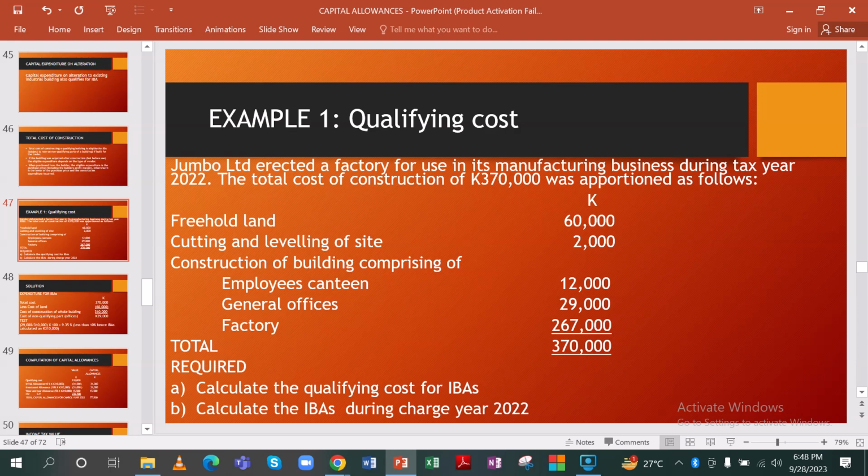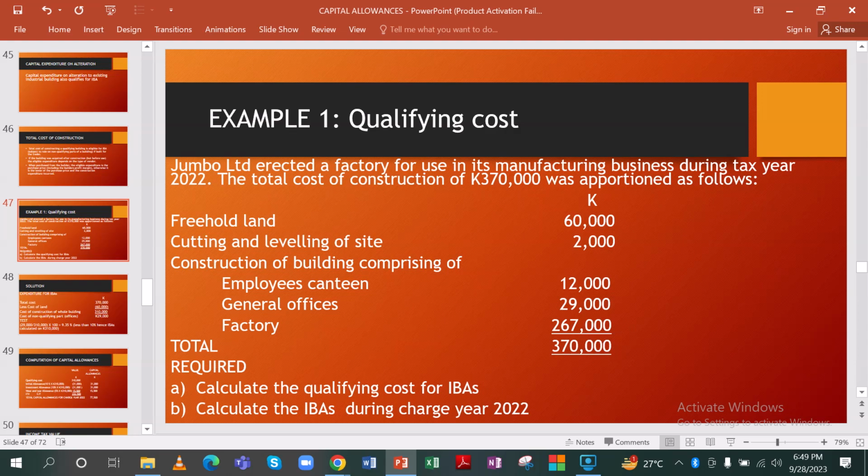We have dealt with that. Cutting and leveling of site, that is preparing the land, that is a qualifying cost. Then we have construction of the building comprising employees canteen, 12,000. I did say that the canteen is a qualifying part of the industrial building. Why? Because it is there to take care of the welfare of the employees. So it's an industrial building part. Then we have general offices.